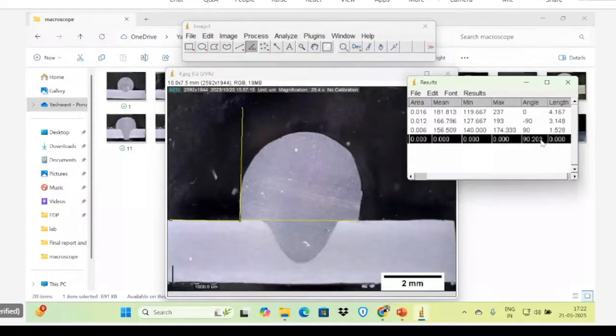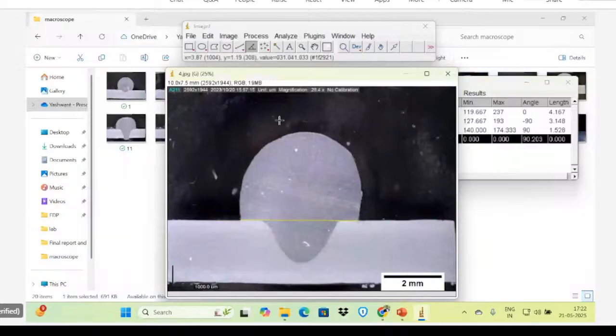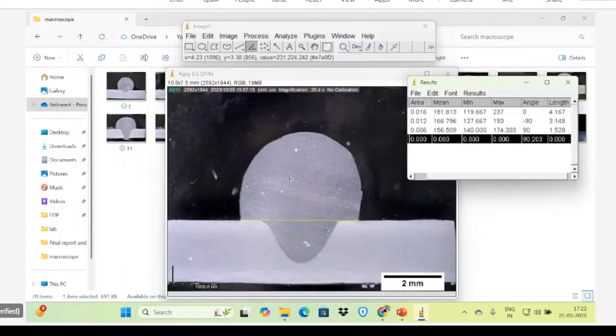So last is the dilution. So five parameters we have to know. For the dilution formula I have already told you. That is the area of penetration divided by the total area. So for dilution we have to use this freehand selection.